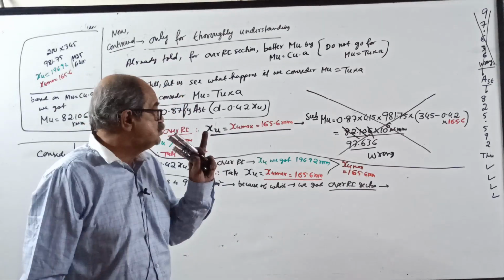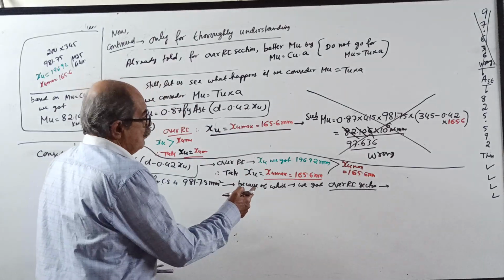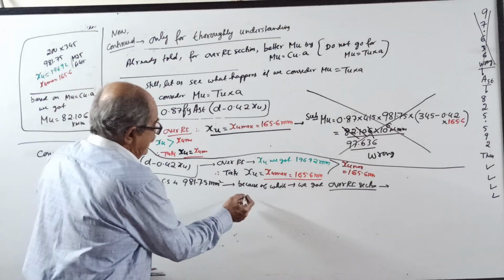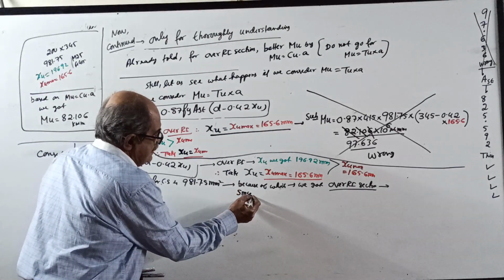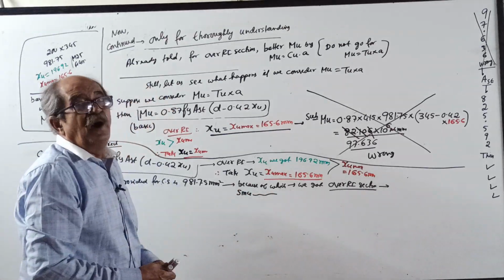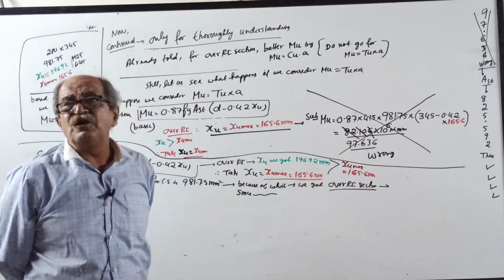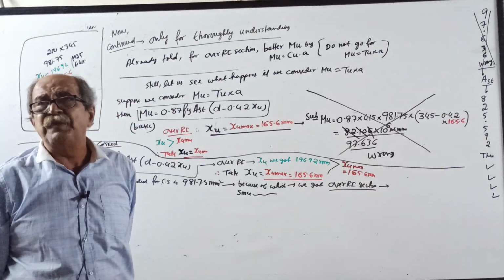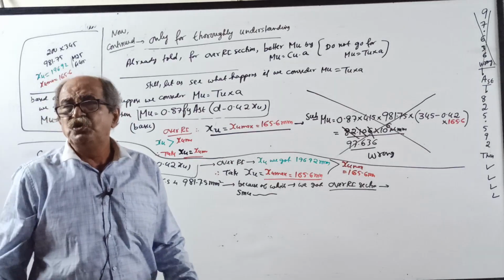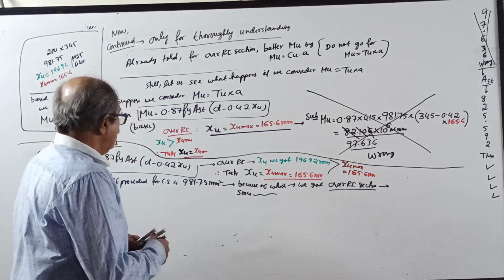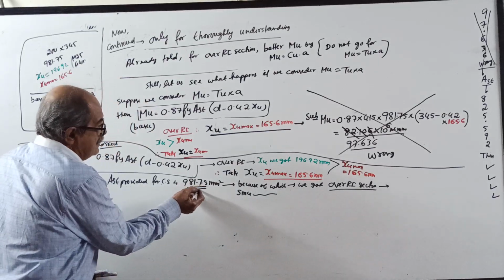Means you should not use an over reinforced section. Since, next you write here, I am dictating. Since the IS code restricts the strength of an over reinforced section to that of a balanced section, or you should not take strength beyond the balanced section, you should not consider that full steel provided.